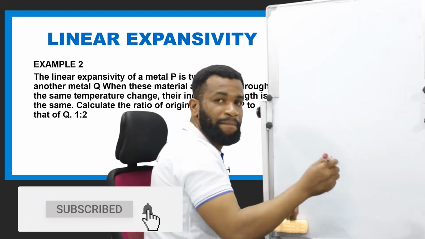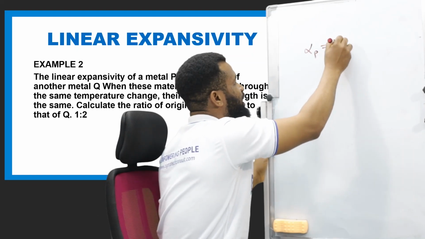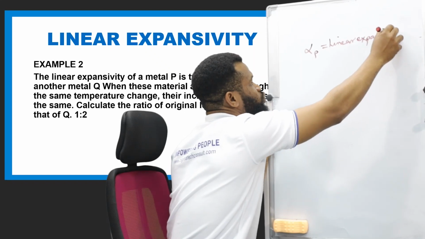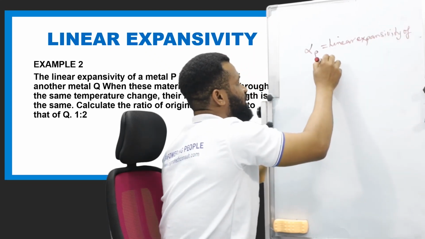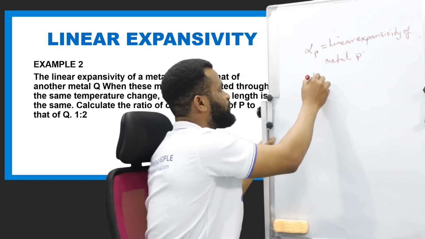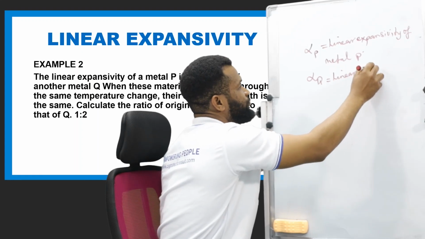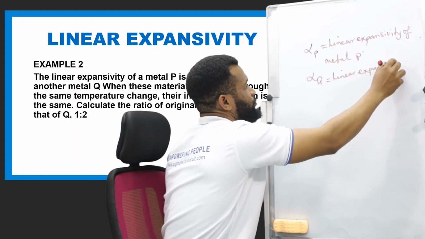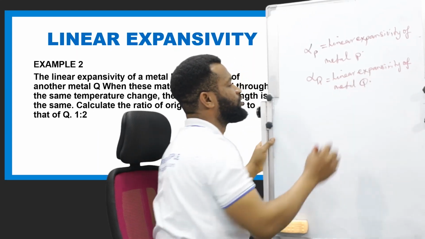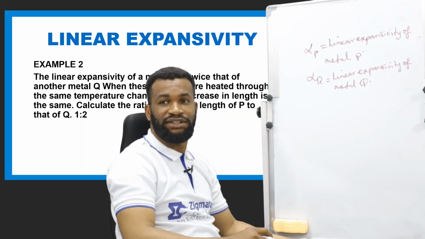All right? I'm going to say that this is for P, is given as linear expansivity of metal P. And then this for Q is going to be linear expansivity of metal Q. So these are the two metals and their linear expansivities.